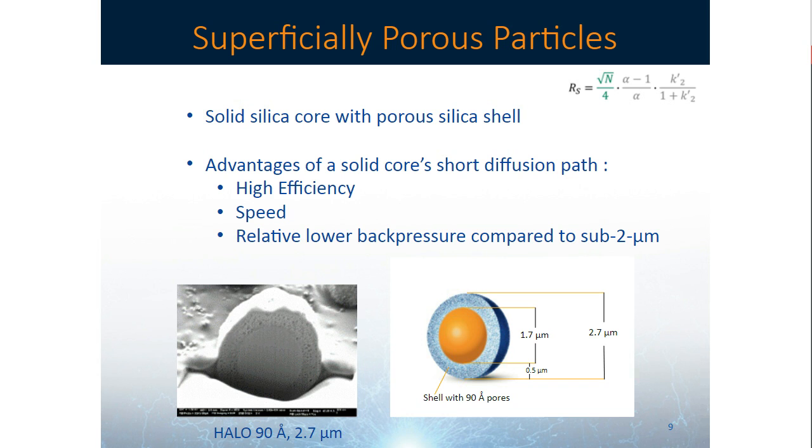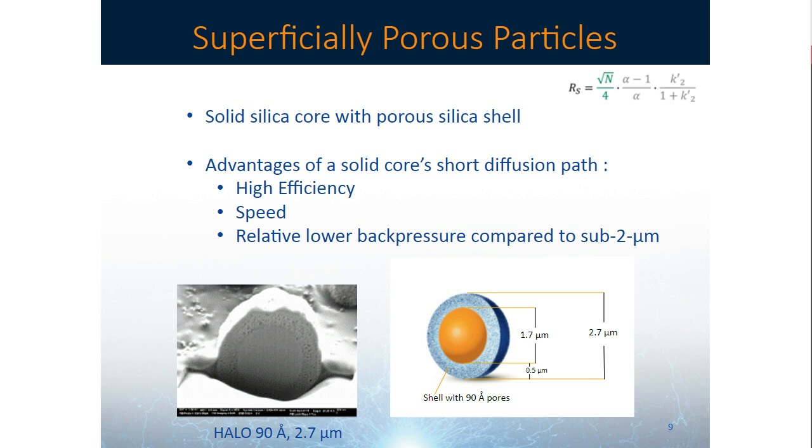And the advantages of that solid core's short diffusion path, here we're showing on the bottom right, the diffusion path is a half micron thick shell. What that enables is high efficiency because the analytes don't have to travel as far into and out of the porous shell where the bonded phase is.